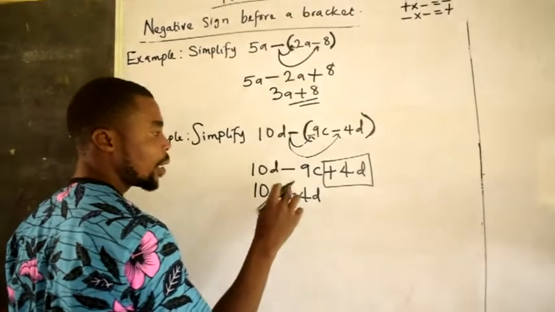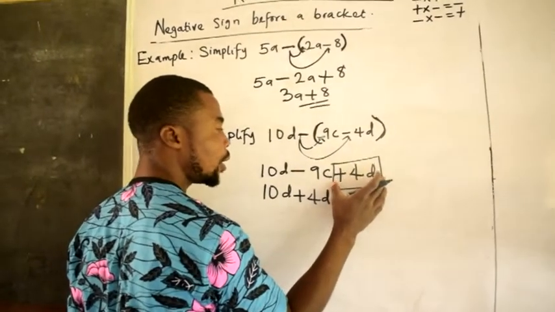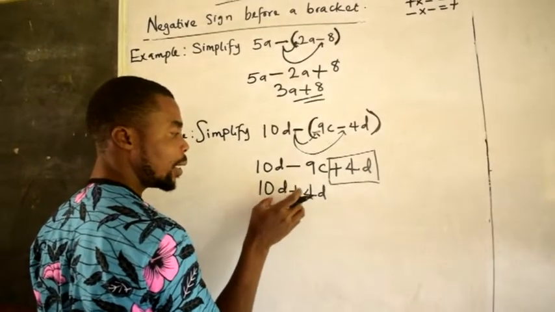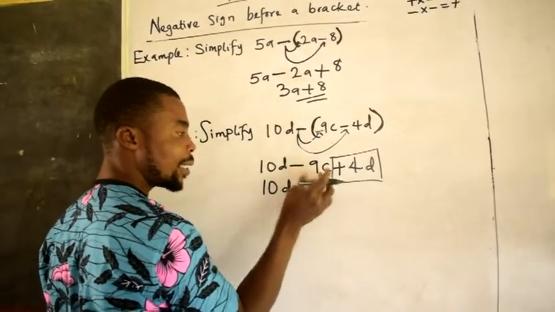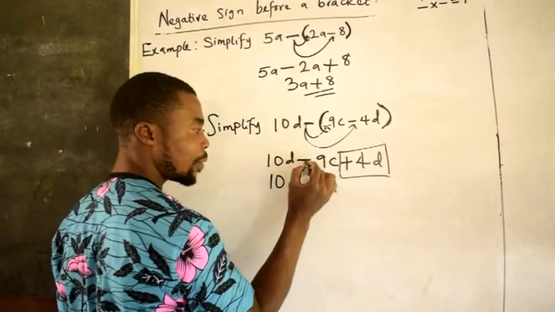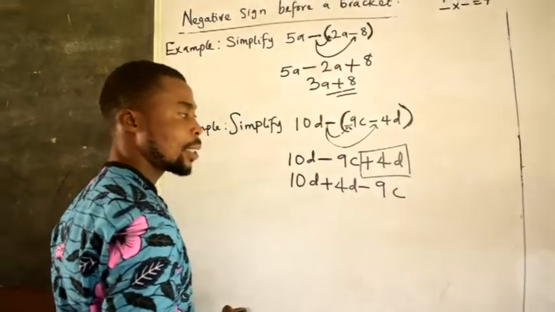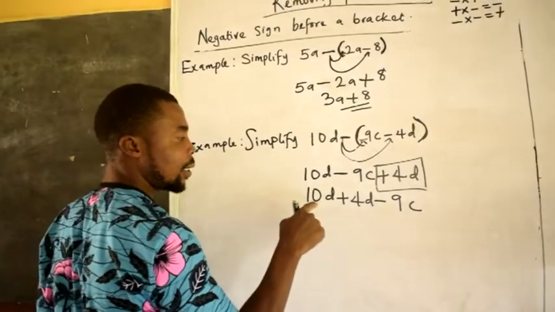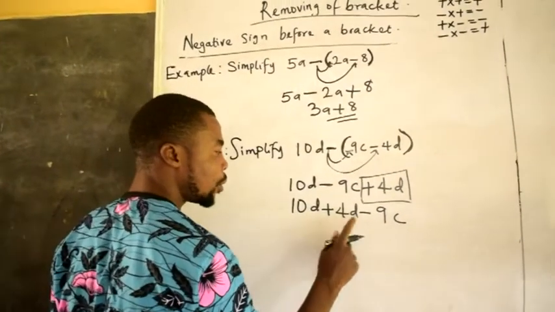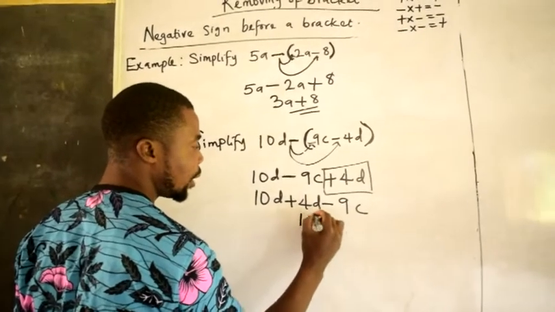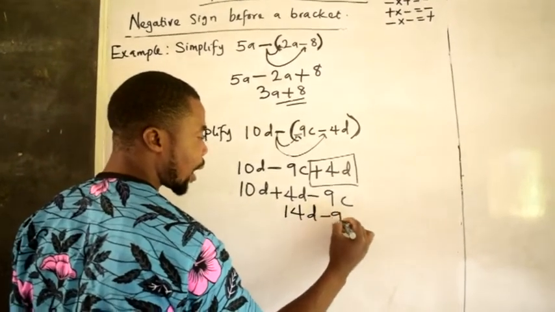It will become 10d plus 4d, remaining 9c, and 9c is having minus 9c. And if you want to add them together, 10d plus 4d will give us 14d minus 9c.